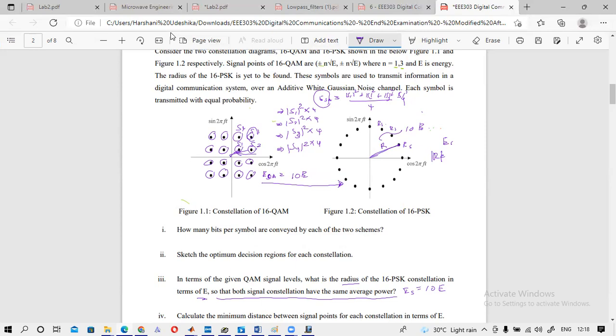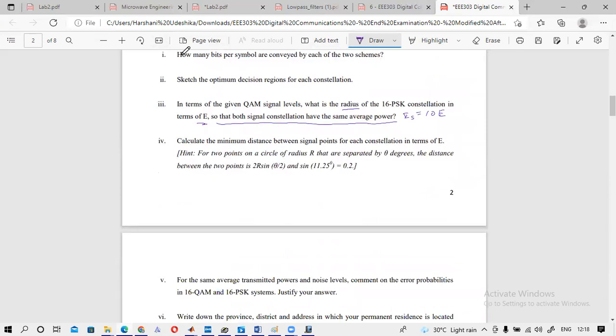Energy is amplitude squared, so you have to get r squared to find the energy. So r squared is equal to Es, and Es should be 10E. So r squared is 10E, so r is root 10E. Correct? Okay. Now, are you all clear with this?